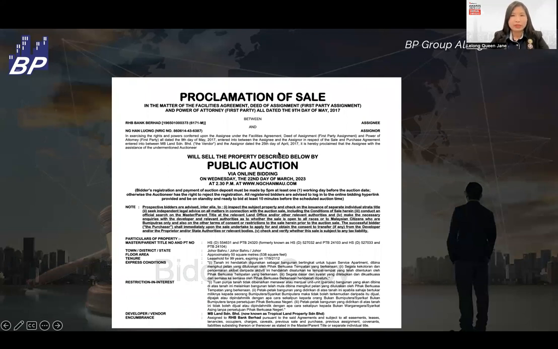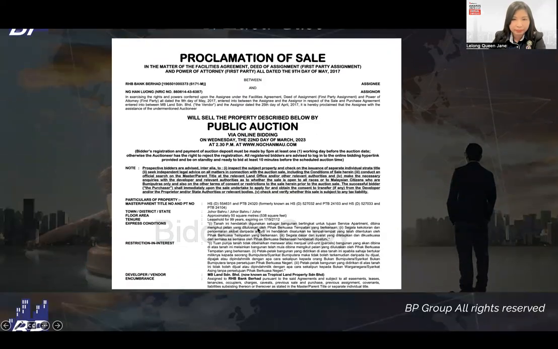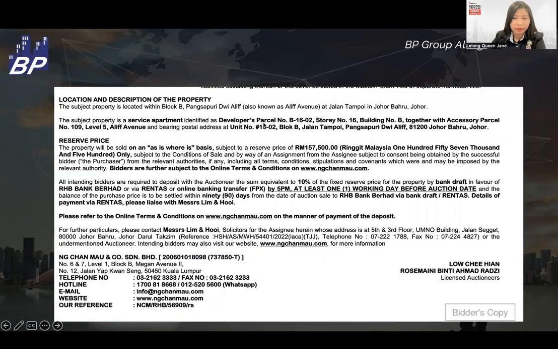Basically, when we see a proclamation of sales, we need to look at the details we need to conduct a land search, and we have to see the address, which is written in here.